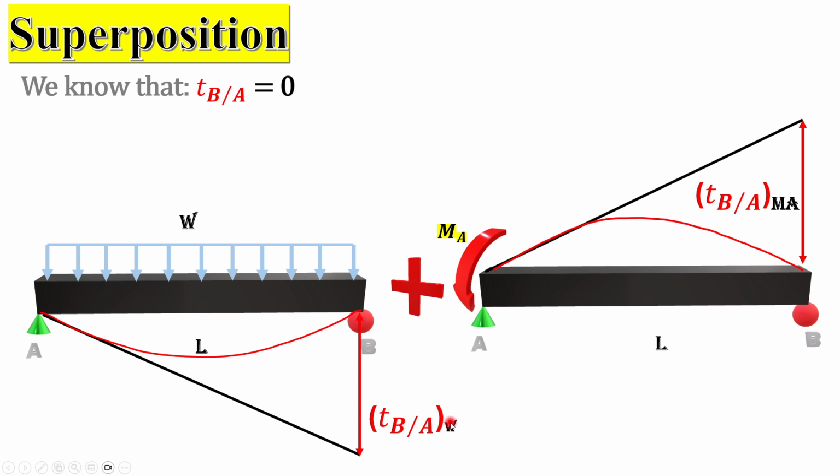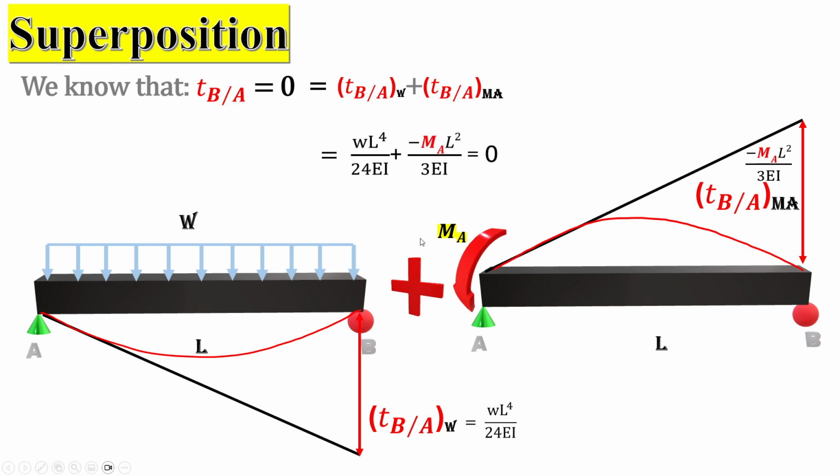We already calculated these two parts separately, and if we add them together, the tangential deviation of B with respect to A due to loading plus the tangential deviation of B with respect to A due to the moment at A, the only unknown in this equation is M sub A, and it gives us M sub A equal to WL squared over 8.